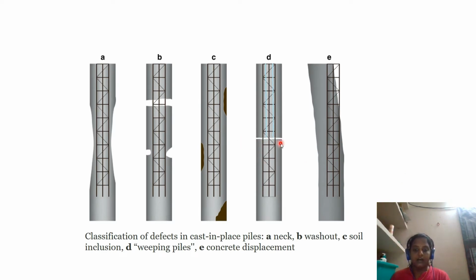We call this weeping piles, where sometimes you can see soil coming in between your concrete, because if you have a loose deposit, the soil may come in between, so the concrete is not properly formed here. Or the concrete itself becomes displaced because of improper casing, a loose deposit, or improper pouring of concrete. Your reinforcement is here and your concrete has been cast like this.